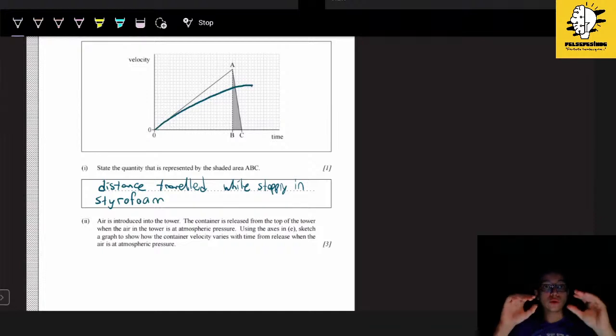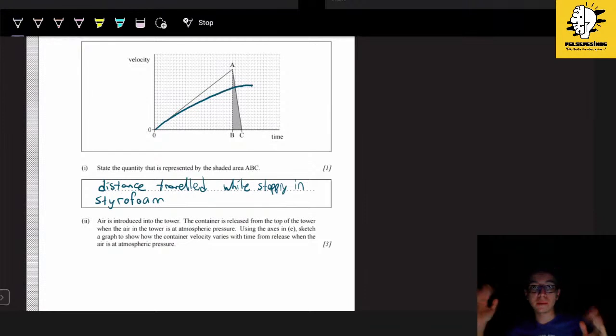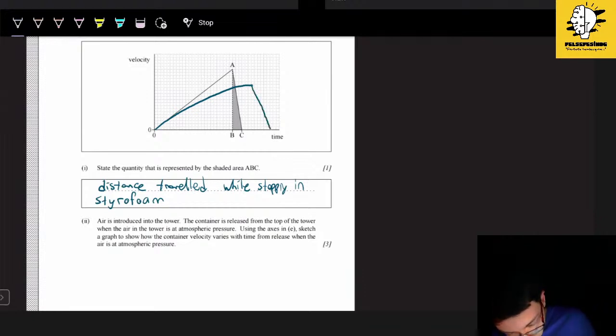Okay, so the maximum point will be at a lower point, but our graph will go longer because we want the distance and the area under our graph to remain the same, since this indicates the distance and it has to remain as 120 meters. So by eye you can see that the distance under the graph, velocity versus time graph, is the same for both cases.